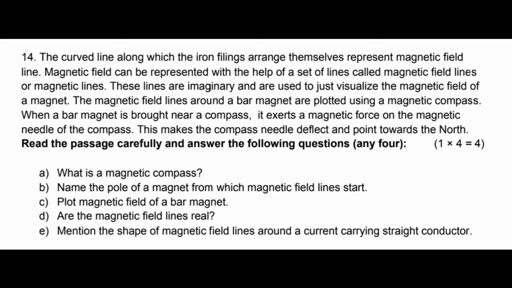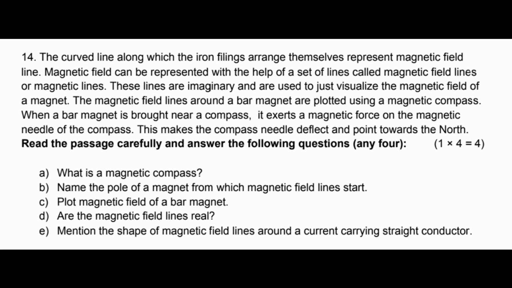The magnetic field lines around a bar magnet are plotted using a magnetic compass. When a bar magnet is brought near a compass, it exerts a magnetic force on the magnetic needle of the compass. This makes the compass needle deflect and point toward the north.